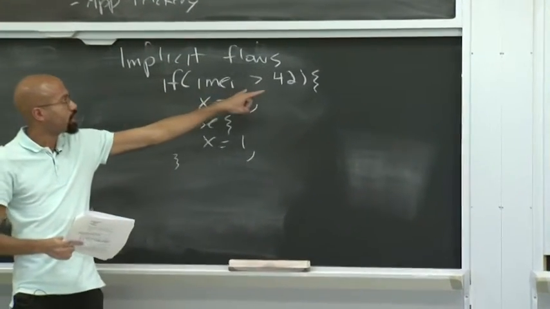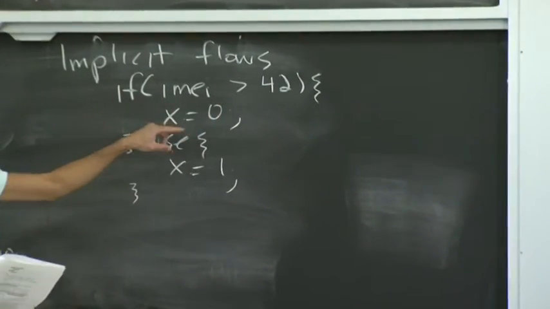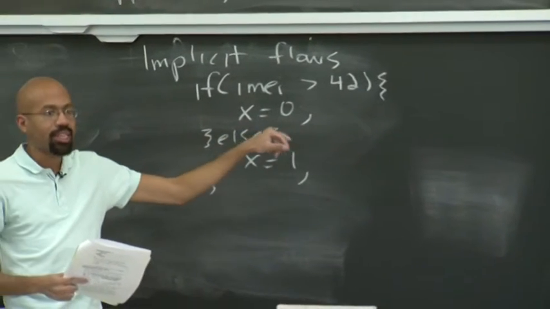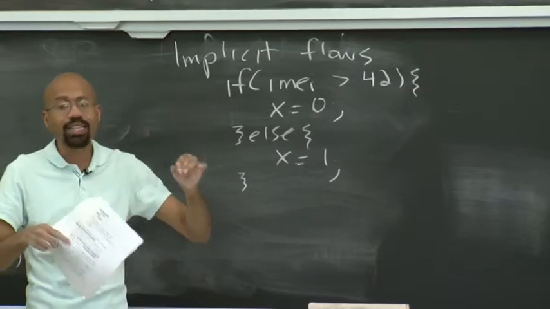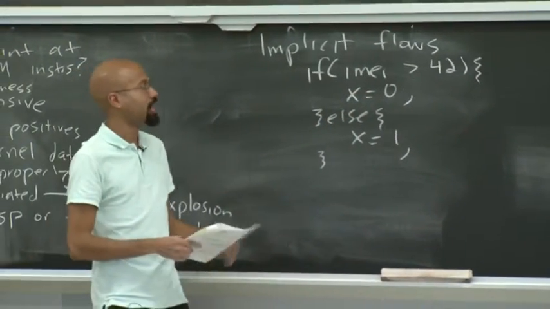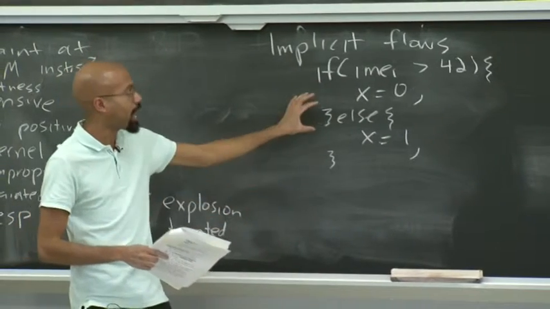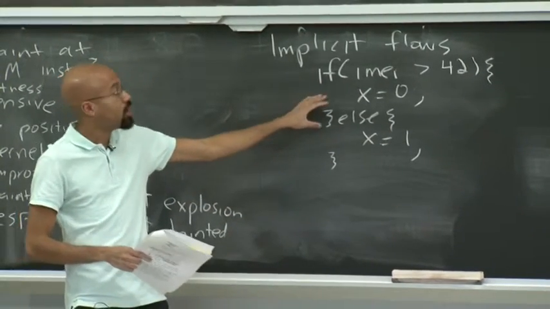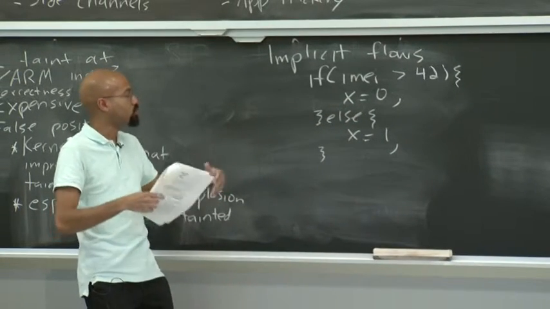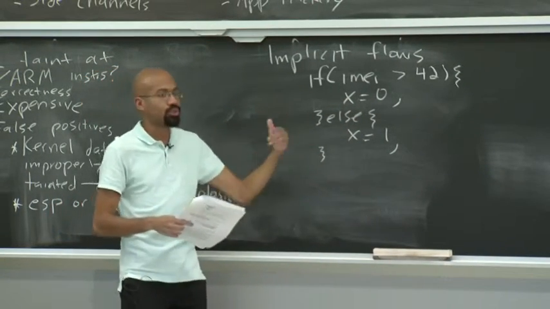And then we're doing some comparison of it up here. But when we're assigning to x down here, we're not actually assigning something that is directly derived from the sensitive data. Okay? So this is an example of one of these implicit flows, because the value of x is actually dependent on this thing here, but the adversary, if they're clever, can structure their code in a way that there's no direct assignment.